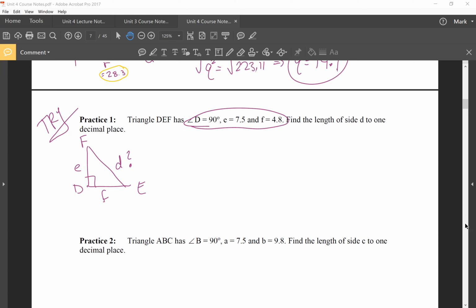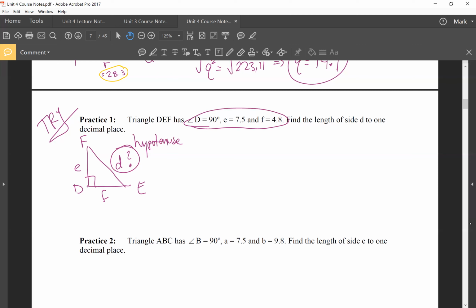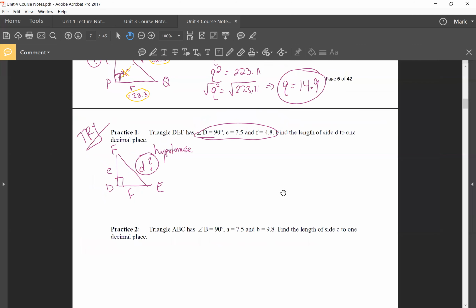The only reason you would get this wrong on an exam is if you didn't label your triangle correctly. D here is what we would call our hypotenuse. That's probably some old Greek word for the longest side of the triangle.